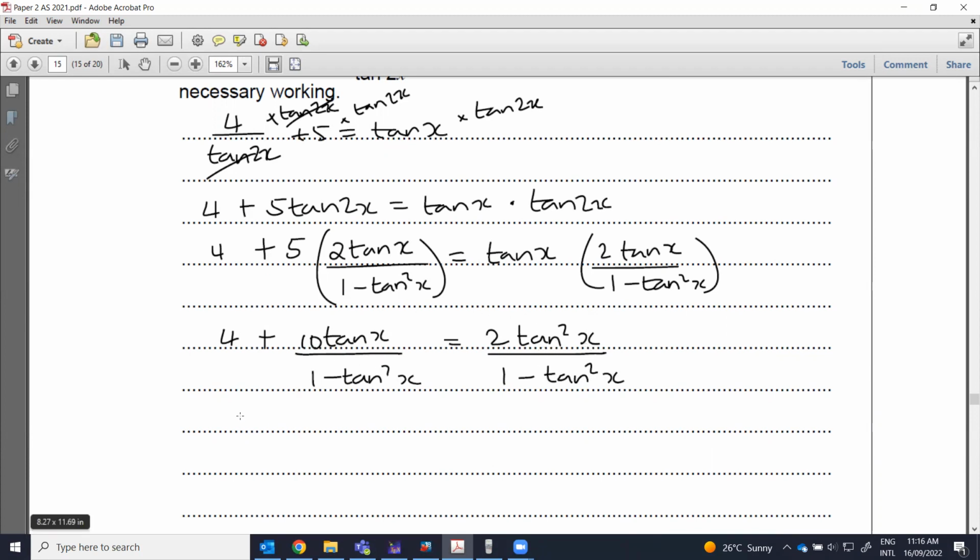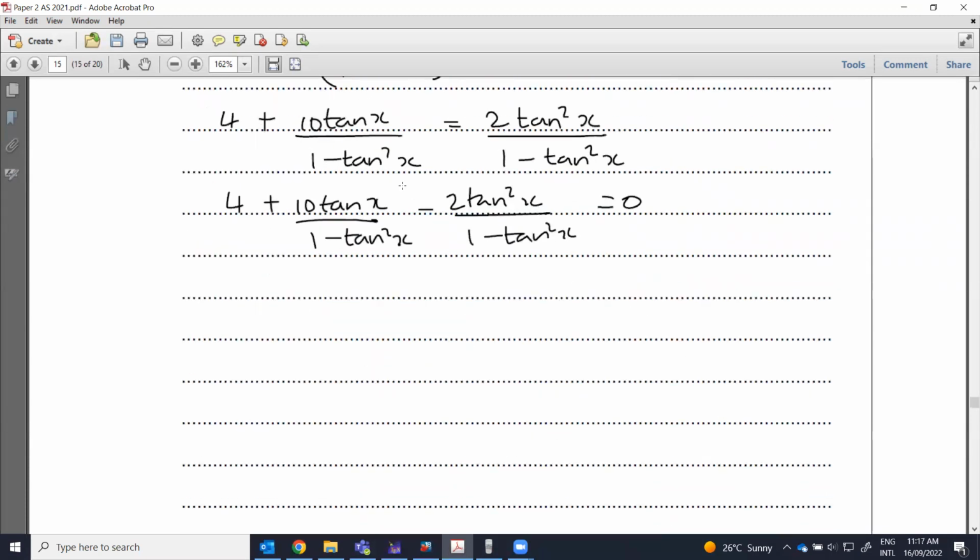We have 4 plus 10 tan x over 1 minus tan squared x minus 2 tan squared x over 1 minus tan squared x equal to 0. Because the denominators are the same, I can add the numerators.